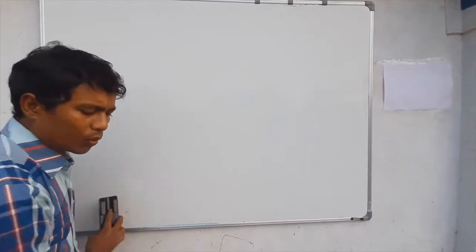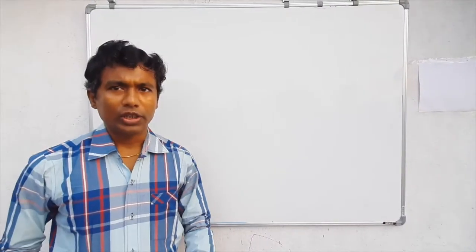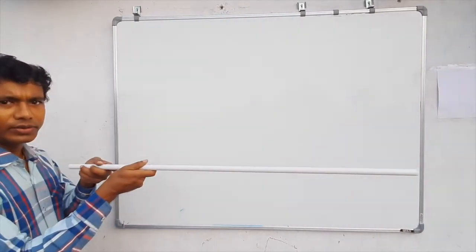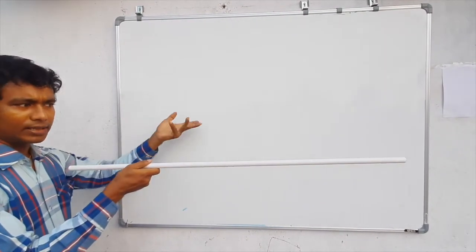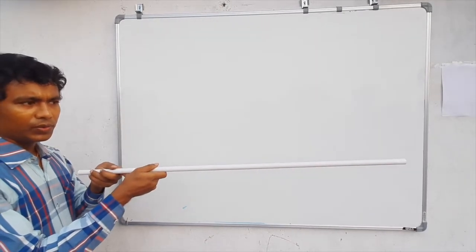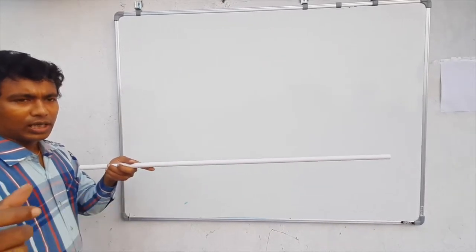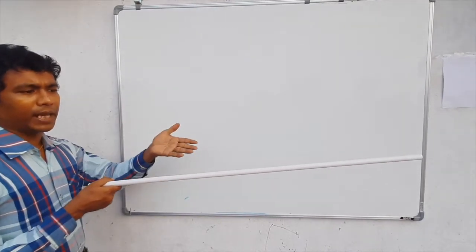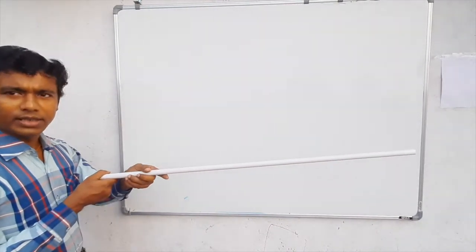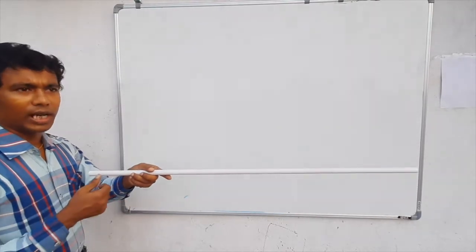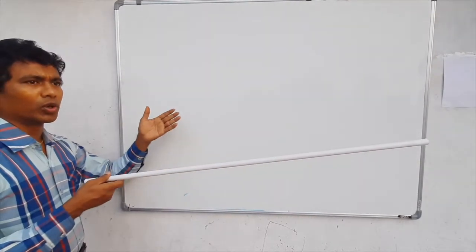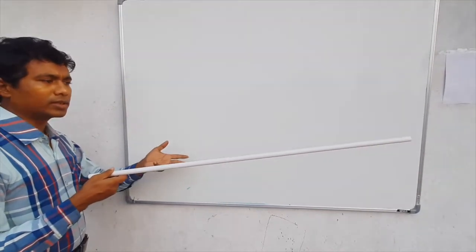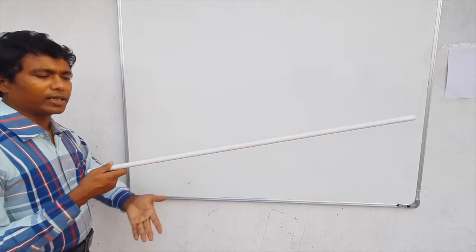Now how can we draw the projection? Say it is parallel to both the planes. As I have mentioned, use a torch in front of you, and the pen or pencil can be assumed as your line, and your copybook or your wall and floor may be assumed as the VP and HP.